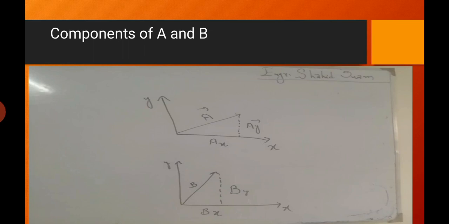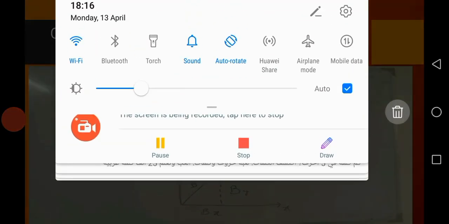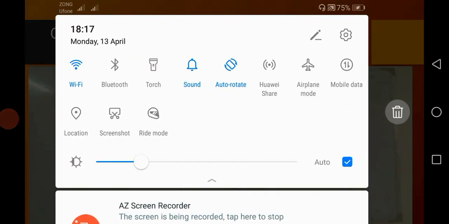This dotted line and the y-axis are the same because these two are parallel lines, and I have drawn the ay in front of y in order to make a triangle.